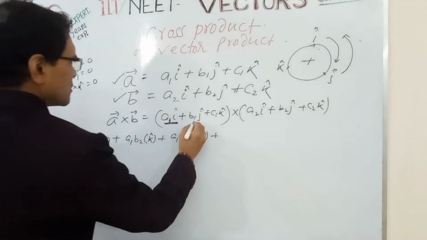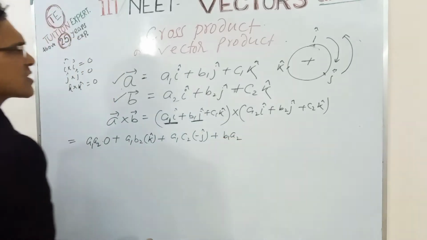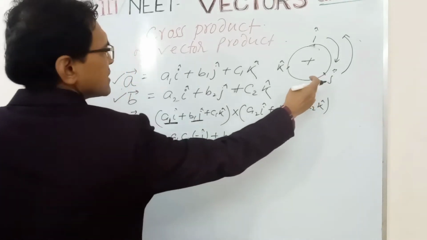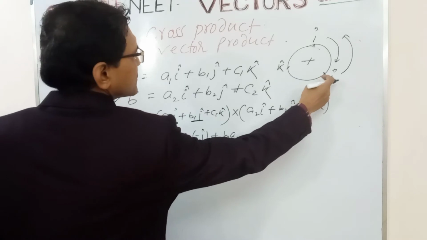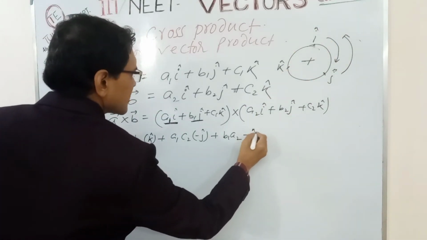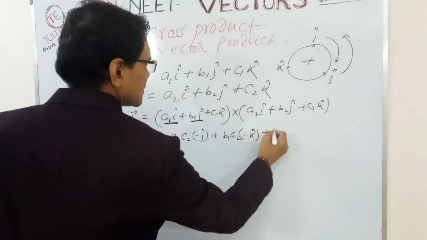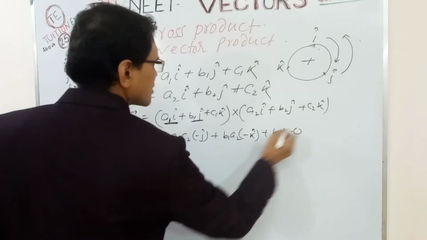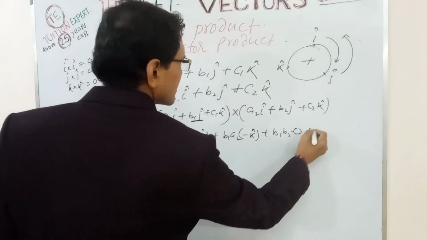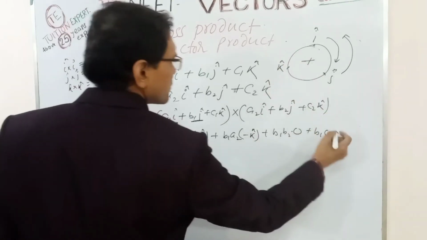Now next, with this d1 a2, j cross i is minus k in this direction. Plus d1 b2 j cross j is 0, plus b1 c2 j cross k will be plus i.